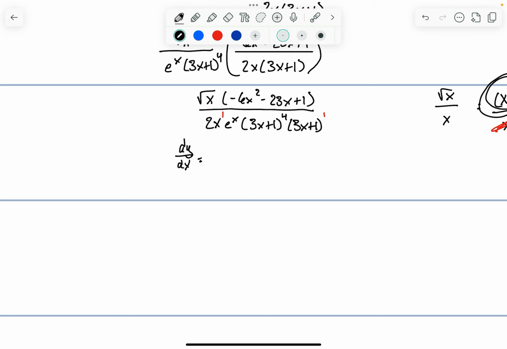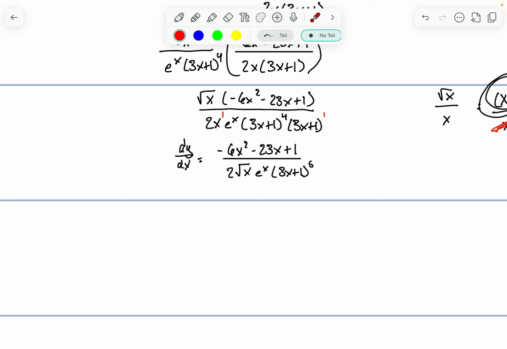The answer is going to be negative 6x squared minus 23x plus 1 all over 2 square root of x times e to the power of x times 3x plus 1 to the power of 5.